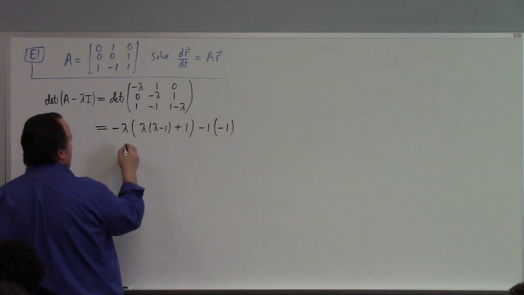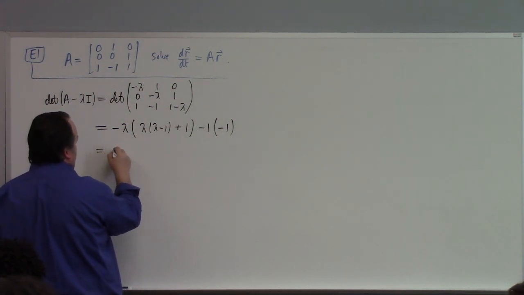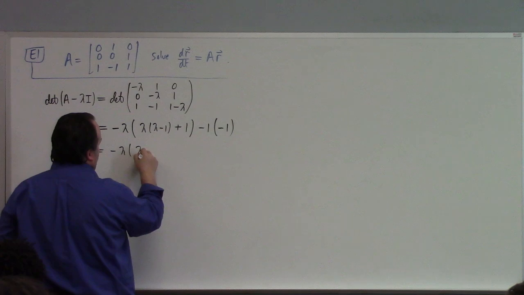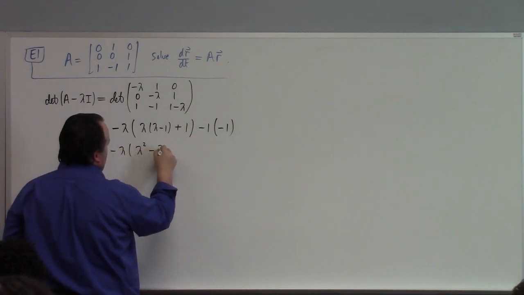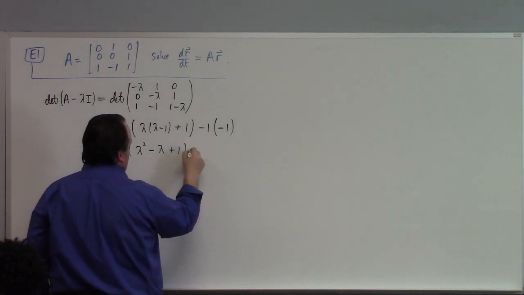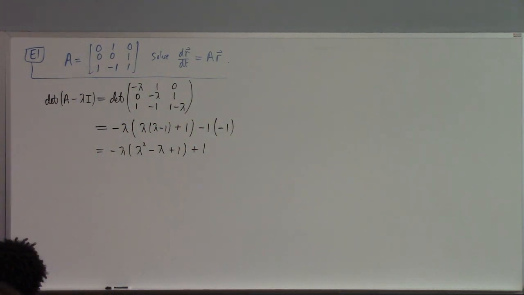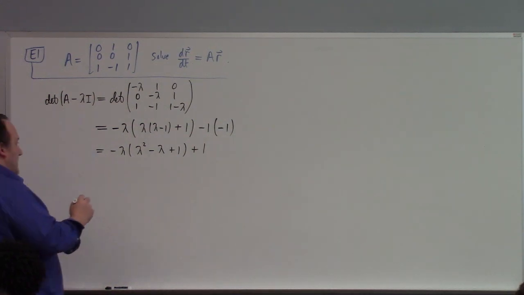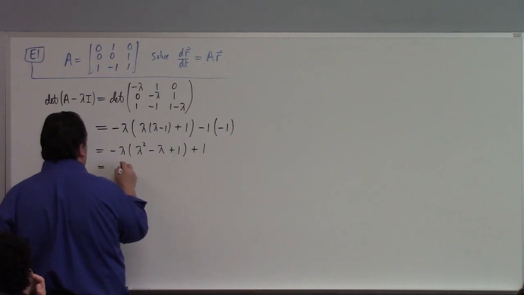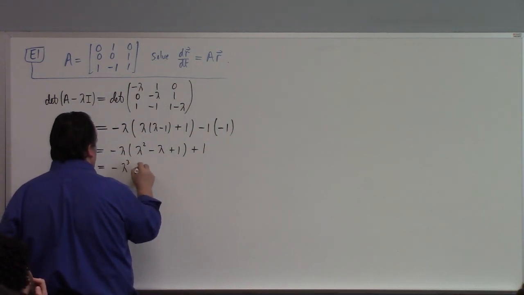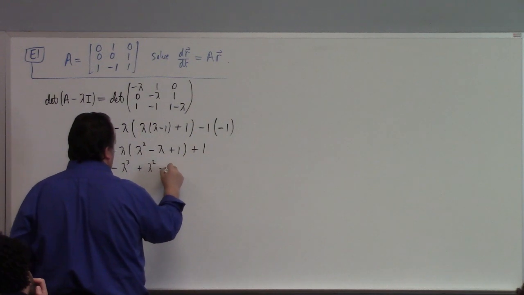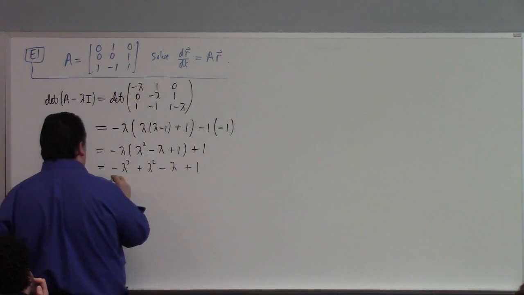So, lambda squared minus lambda plus 1 plus 1. If I haven't made a mistake, let's see here. Which gives us minus lambda cubed plus lambda squared minus lambda plus 1.